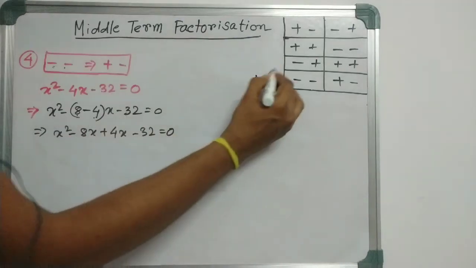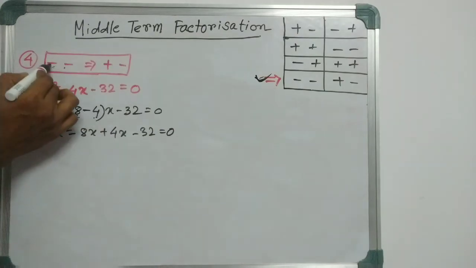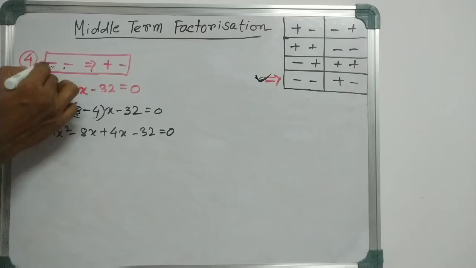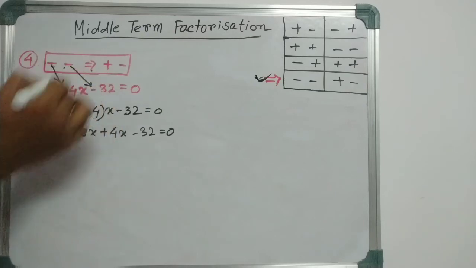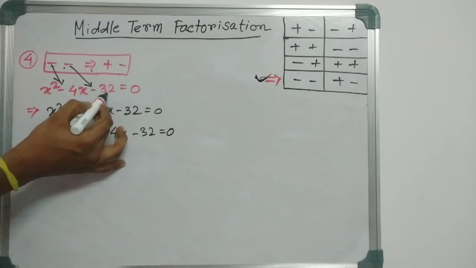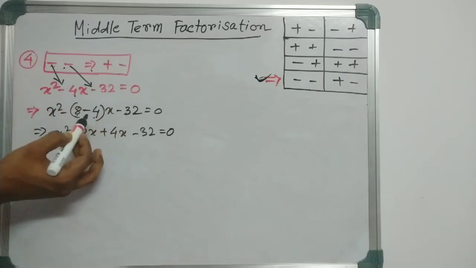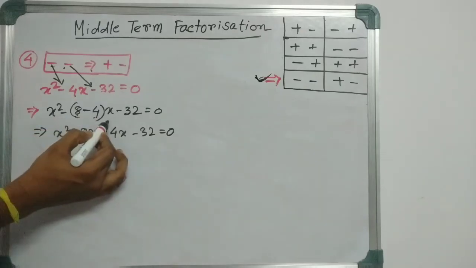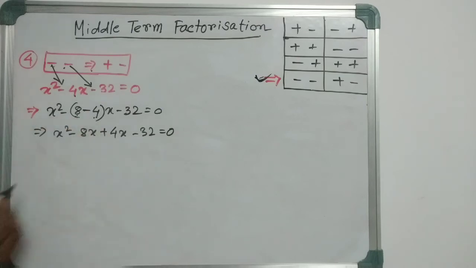Now let's go for the fourth one. Here minus minus implies plus minus. So that is why we have taken this equation, and here 32. So 8 into 4 is 32 and 8 minus 4 is 4. So the middle terms are 8 and 4. Now let us open the bracket, and it is minus 8x and this minus minus plus 4x.